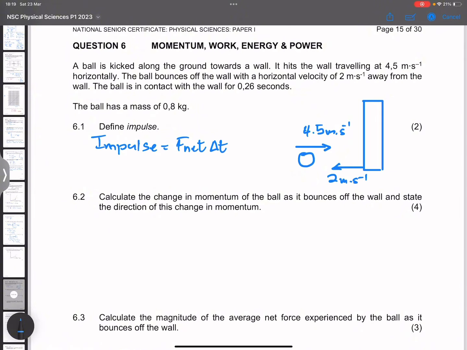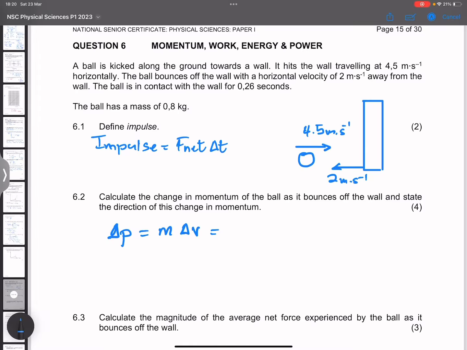Now they say to us, calculate the change in momentum of the ball as it bounces off the wall, and state the direction of this change in momentum. Now notice in this case, let's find out the change in momentum. So the change in momentum would be the mass of the ball multiplied by the change in velocity.